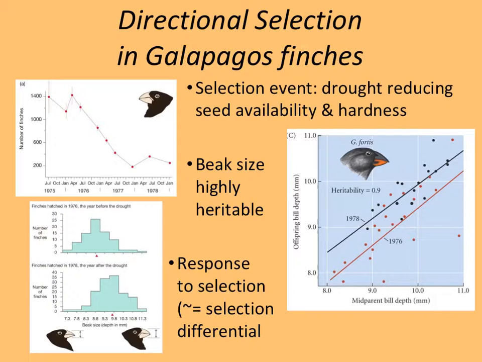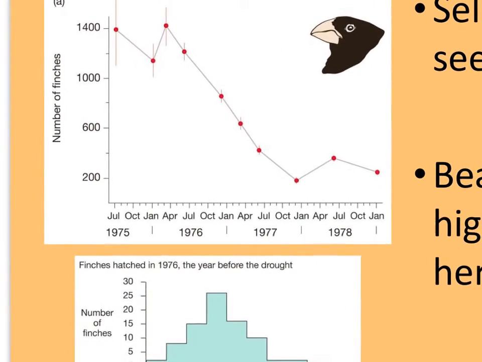So here's some example of directional selection in beak length in the Galapagos finches, the Darwin finches found in the Galapagos that Darwin collected. A whole bunch of different species. There was a drought. So prior to the drought, this is population size, and this is time.